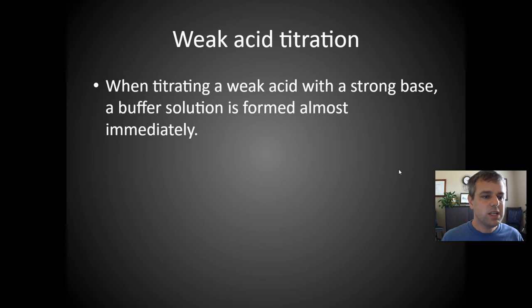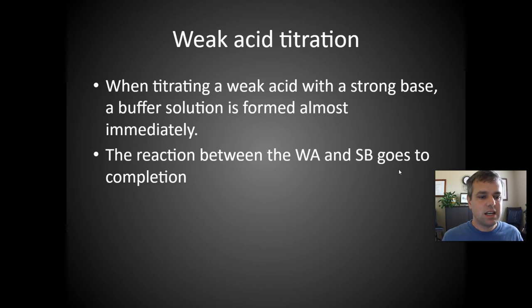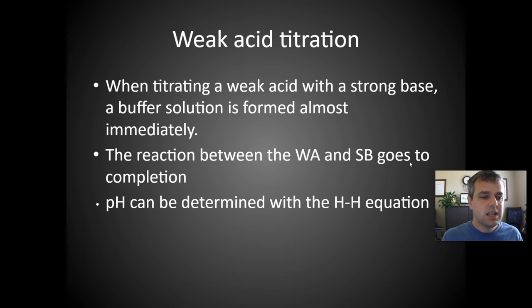When you're titrating a weak acid with a strong base, you form a buffer solution almost immediately, because we have converted a little bit of that weak acid into its conjugate base. This reaction still goes to completion because acid-base reactions go essentially to completion. You can determine the pH at any point along the curve with the Henderson-Hasselbalch equation.